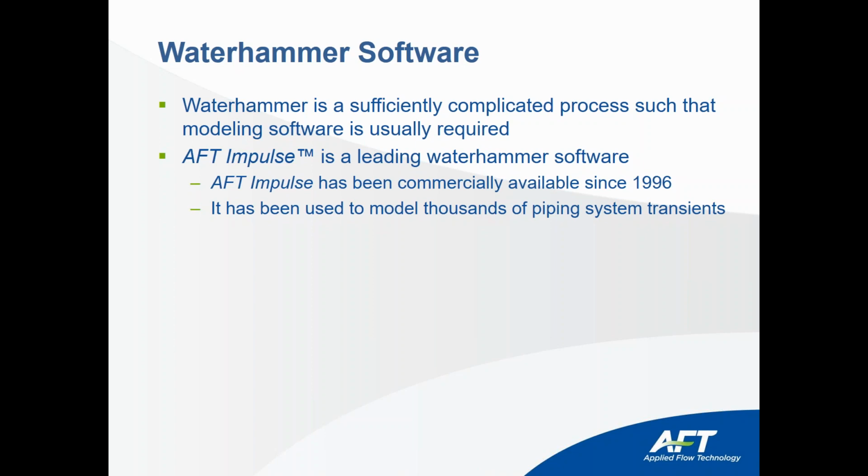AFT Impulse is a leading Waterhammer software. It was commercially available in 1996, and it has been used on thousands of piping system transients, and we have prestigious customers such as NASA, which does the calculations of the Waterhammer using our software.